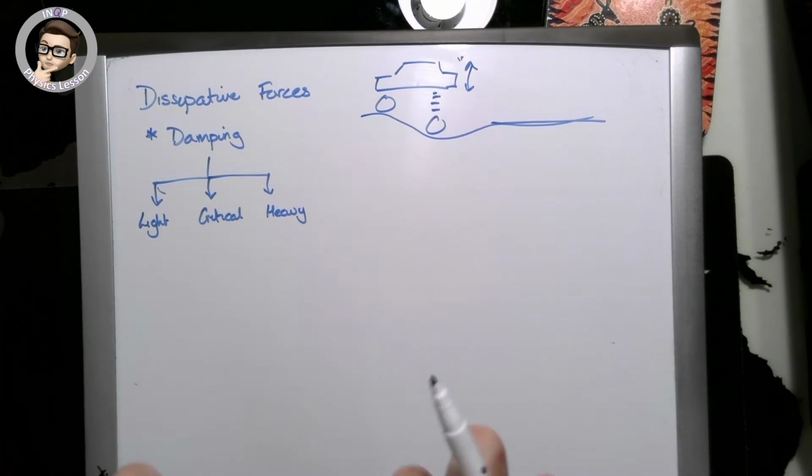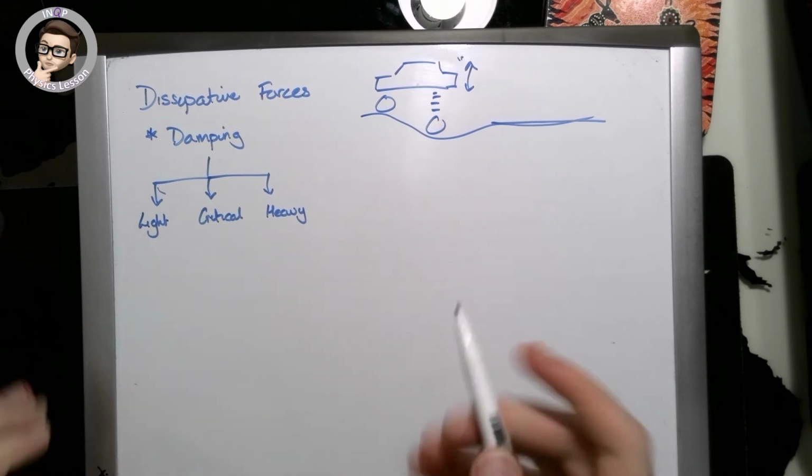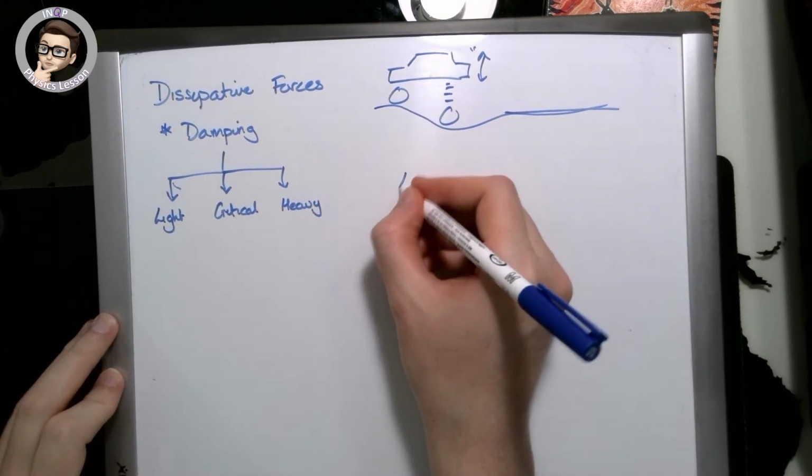So you want to remove that energy from the situation, and you do that through having the damping forces. You damp that oscillation to ensure that any energy that's been removed from it is causing it to return to where it wants to be. Okay, so 3 damping situations. Let's talk about light first.